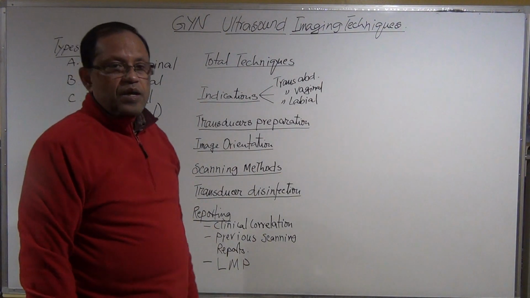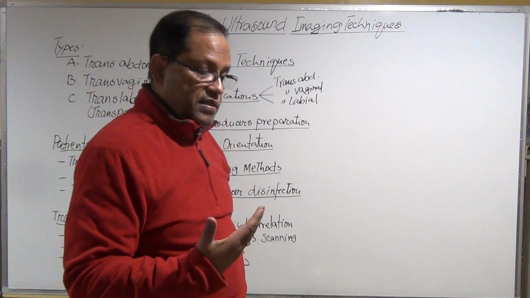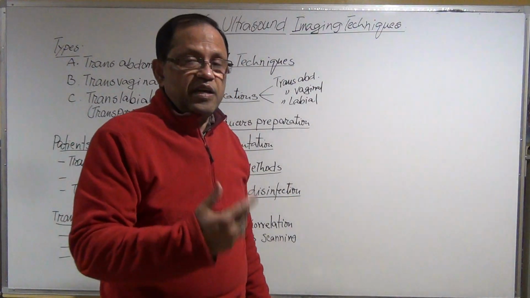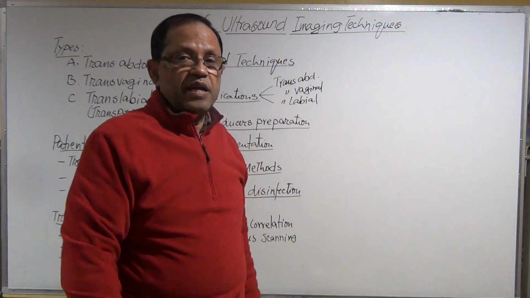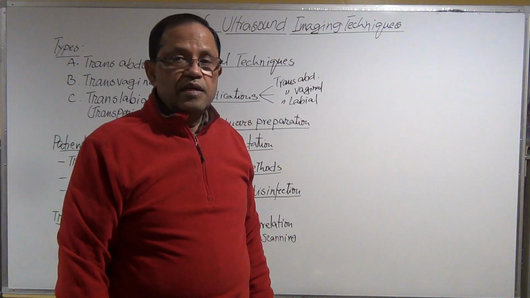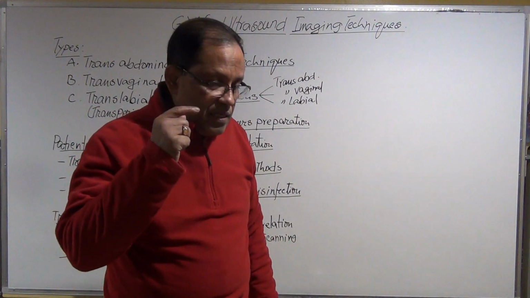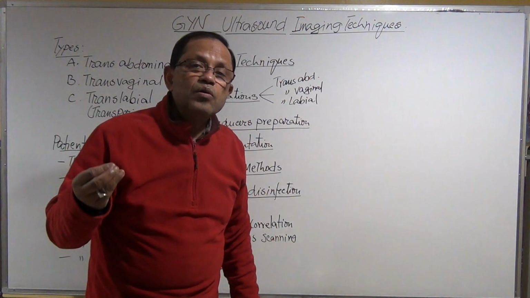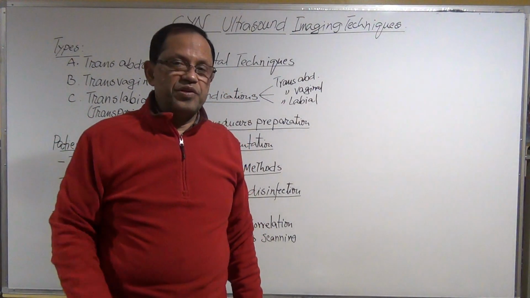Example, a patient says that I have too much bleeding, irregular bleeding. So you are thinking that that may go with something wrong in the uterine endometrium.